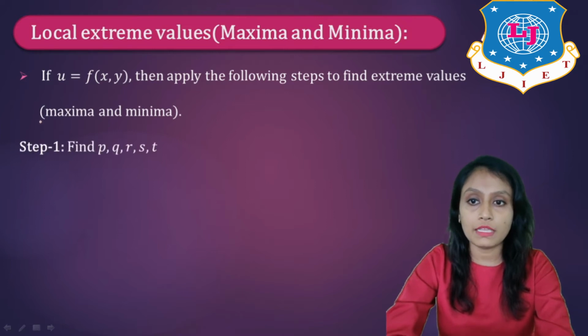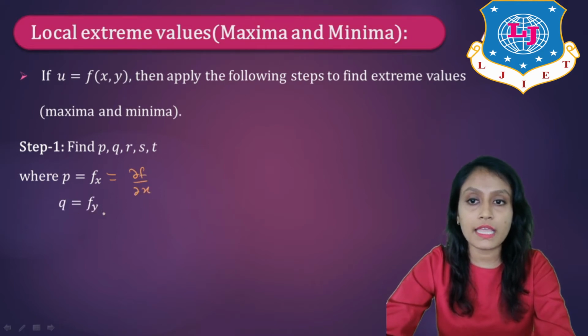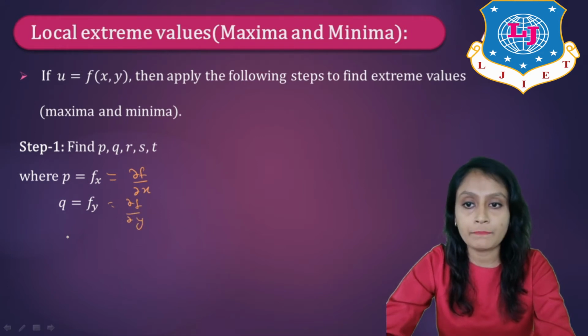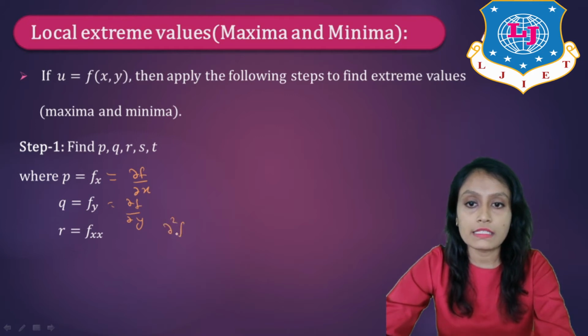So the first step is we have to find P, Q, R, S and T. So what is P? P is Fx. Fx means what? Del F by del X. Q is Fy, that is del F by del Y, means derivative of F with respect to Y. Next one, R is Fxx, that is del square F by del X square.